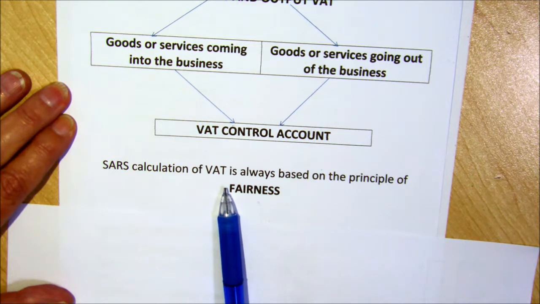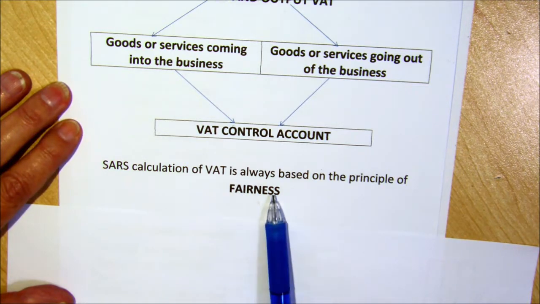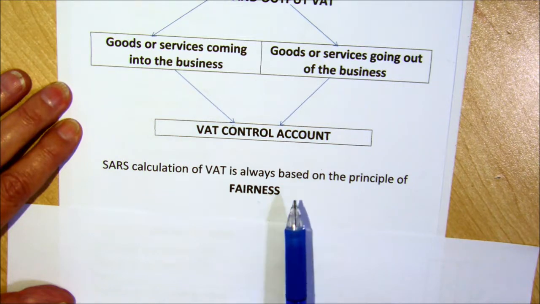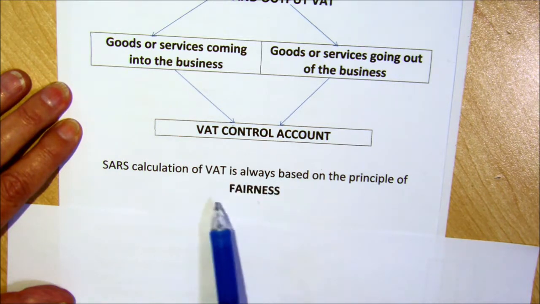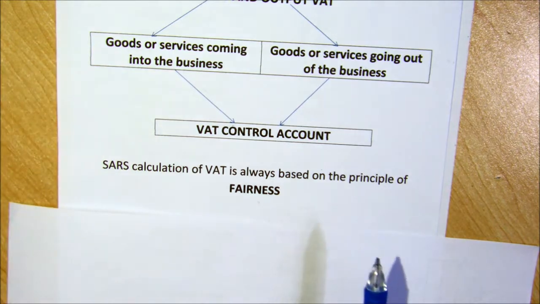In other words, if you collect VAT from a customer, then that money is owed to SARS. However, if you do not collect the VAT and you don't collect any money from your debtor, then you won't be expected to pay SARS.